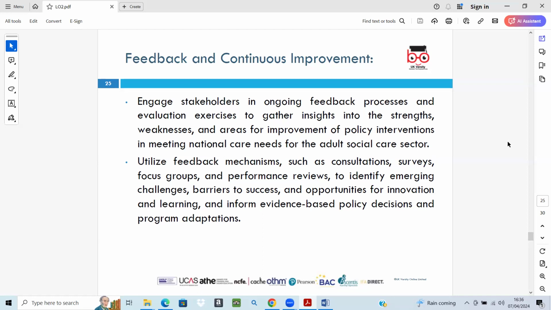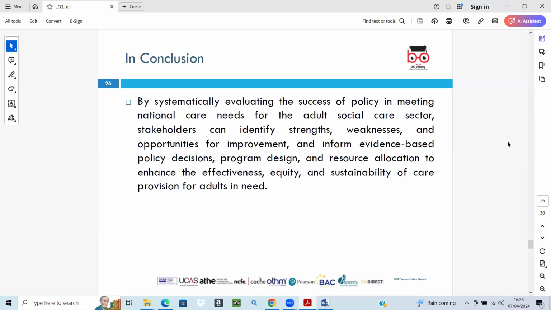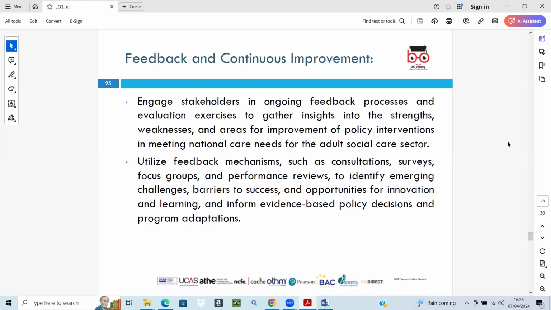And then we ensure that policy decisions are informed, and we look for continuous improvement. We promote a culture of continuous improvement within the health and social care sector based on stakeholder feedback and evaluation findings. And we always encourage stakeholders to share best practice.